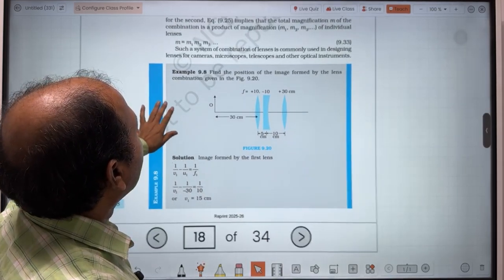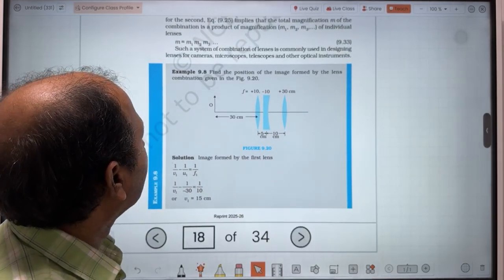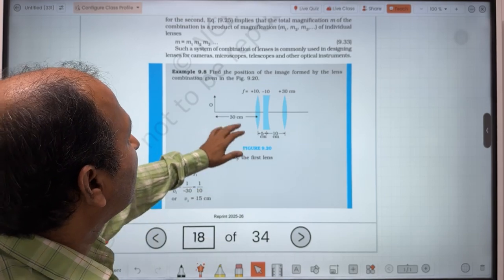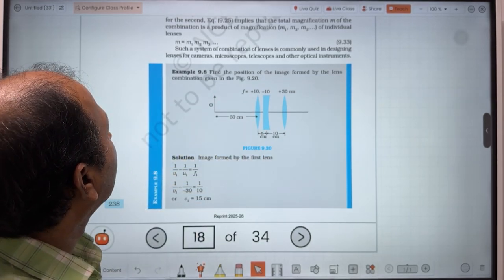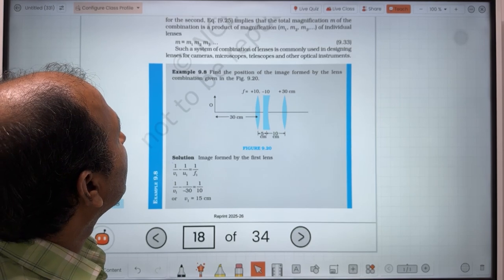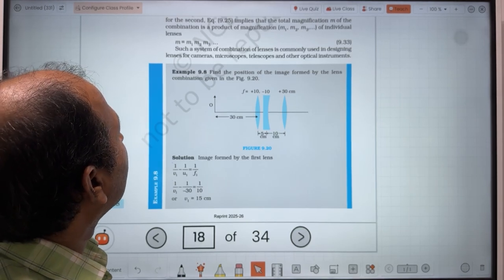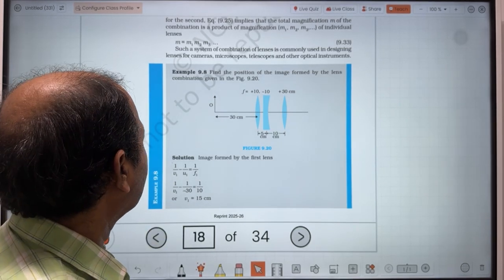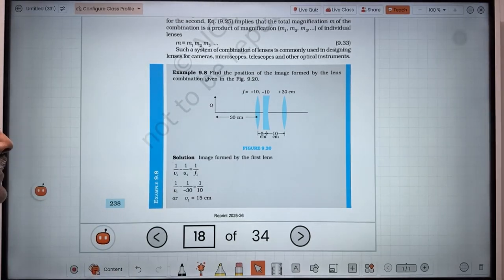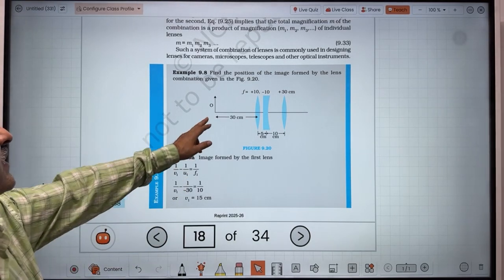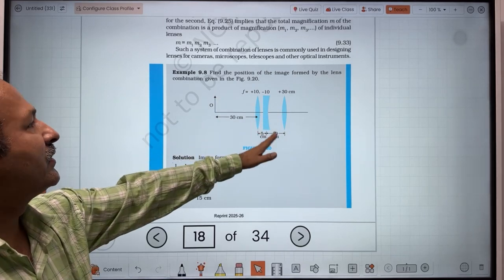Here we have a very important question in which three lenses are there. Their focal lengths are given and their separations are given, and we have to find out the position of the image formed by the lens combination. So what will be the position of the final image? For that purpose, we take the first lens and we remove the others.